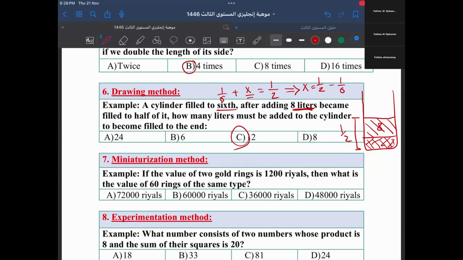Are you with me? Yes. Okay, so instead of 1/2, I'm going to put 3/6 to make it unified. So lastly, we're going to have 2/6 or 1/3. So 8 liters equals 1/3. Miss, I'm confused, from where did you get 3/6? The 3/6 is, okay.